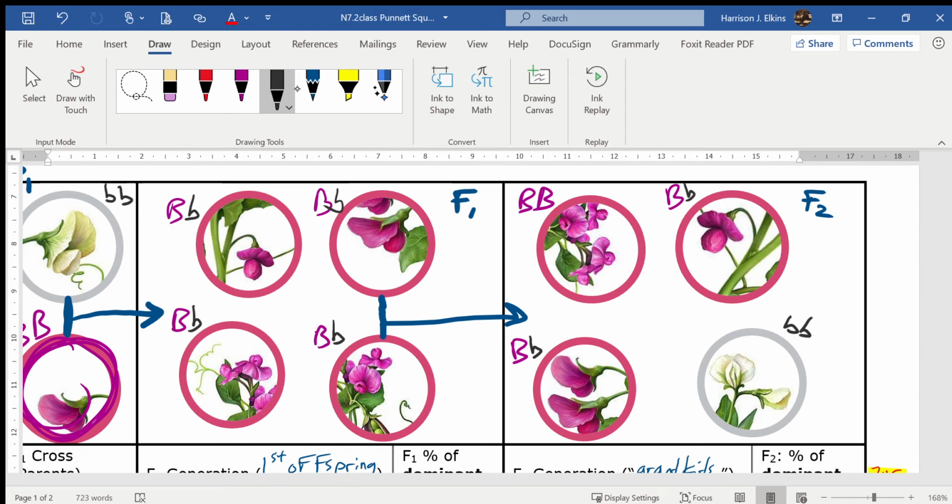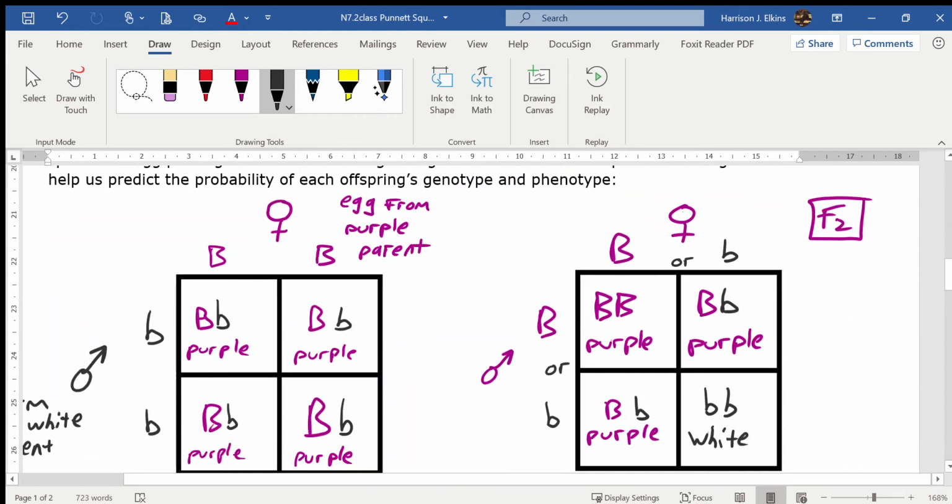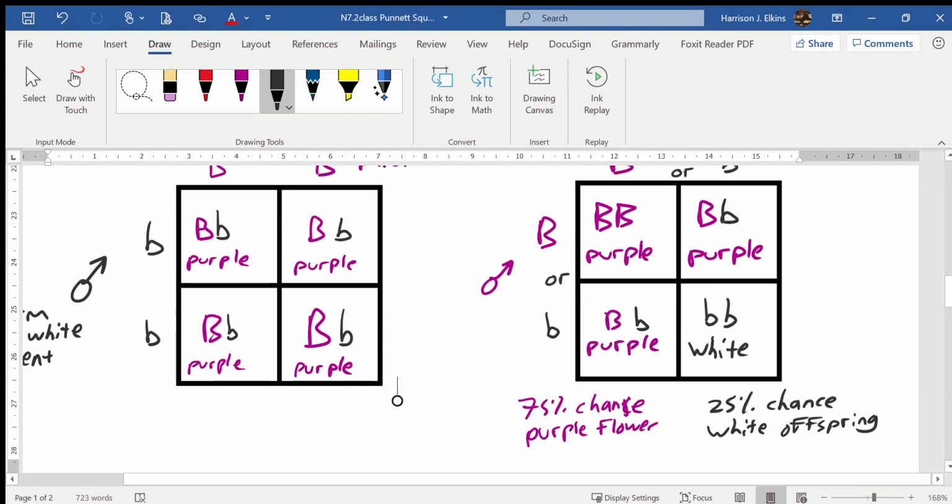If I combine these two, I'd get this one. And if I combine these two, I'd get this one. So that's why 25% of the time I get that. Now, this is all chance. It'd be kind of like if I took a dice. Here I have a dice. You can't see it. But there's 6 sides, and so there's always a 1/6 probability that it'll land on a certain side.